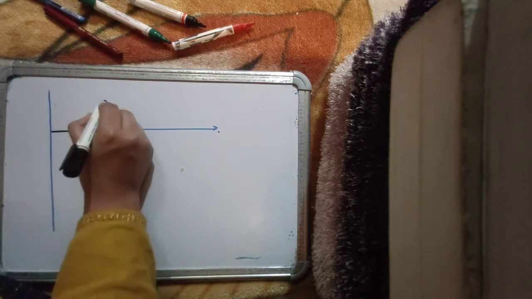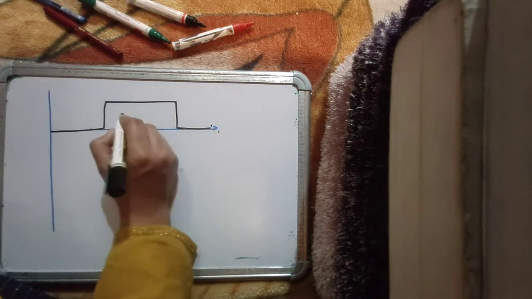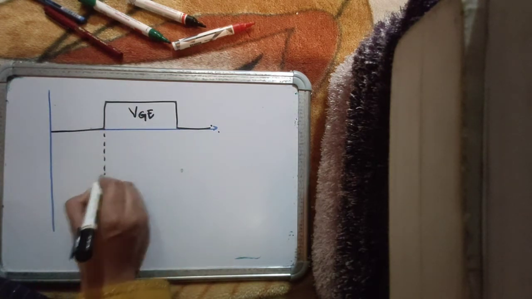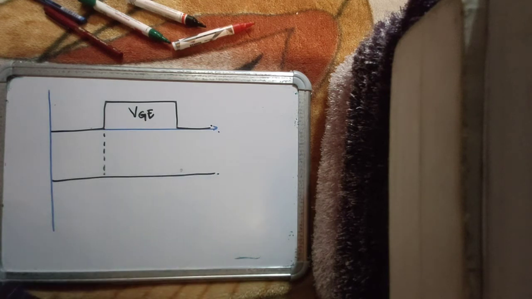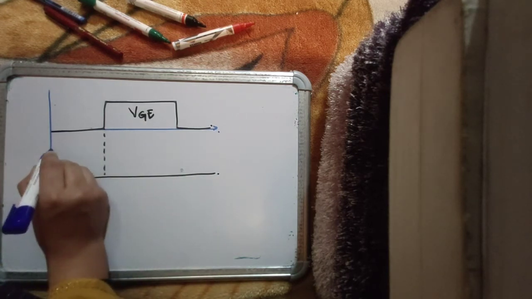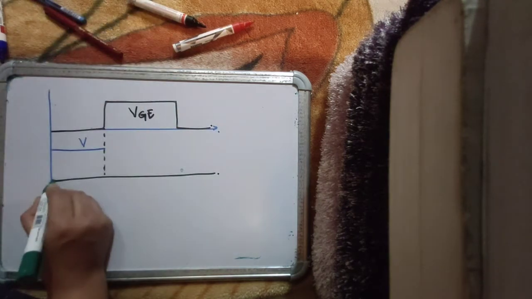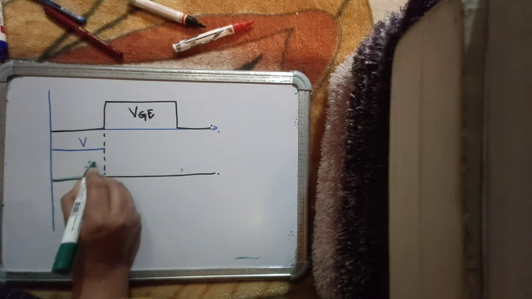So you have given a gating pulse to your device, VGE, and what happens is that initially the device was off, so there was some voltage across it and no current through it.